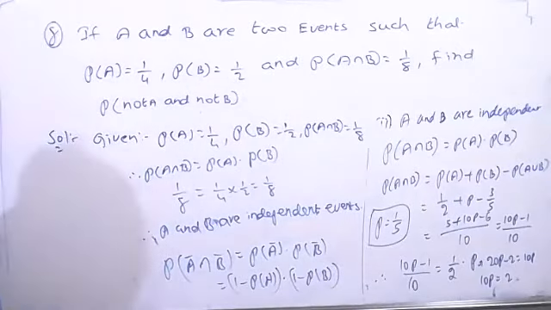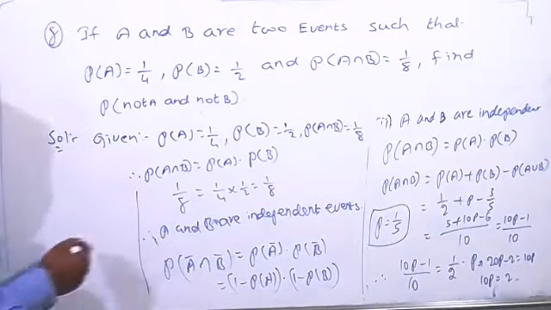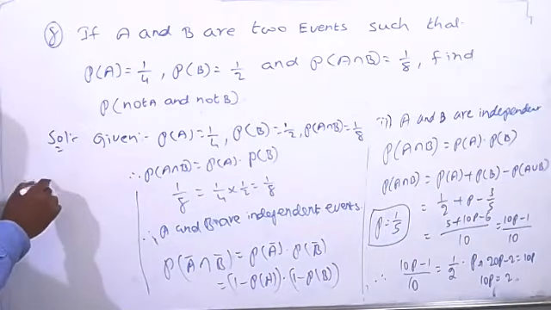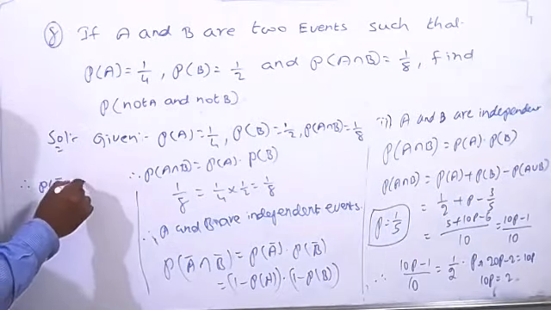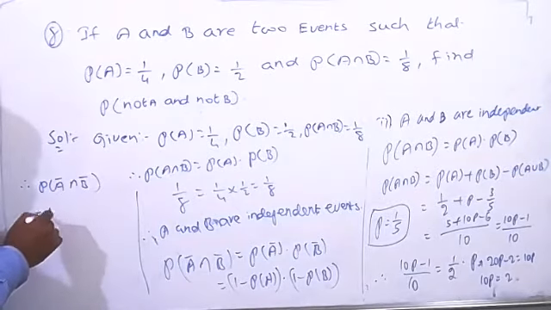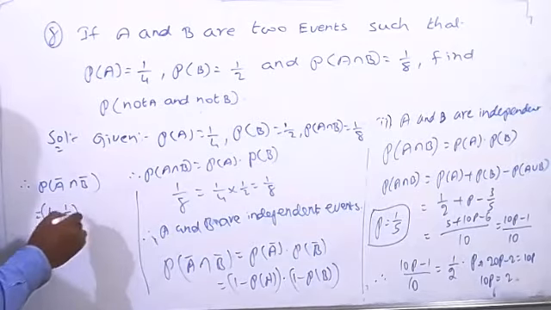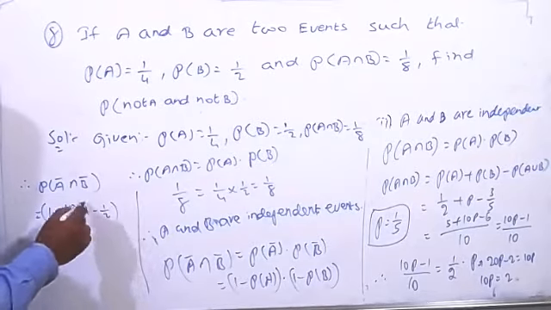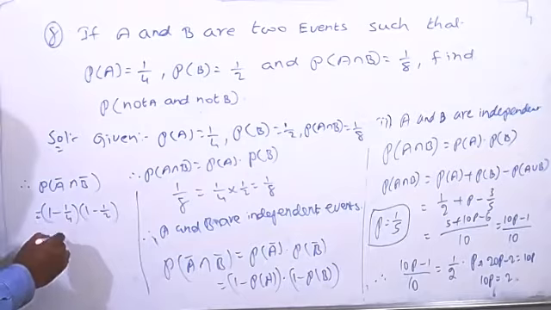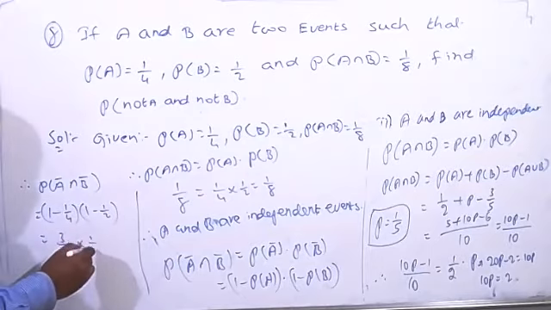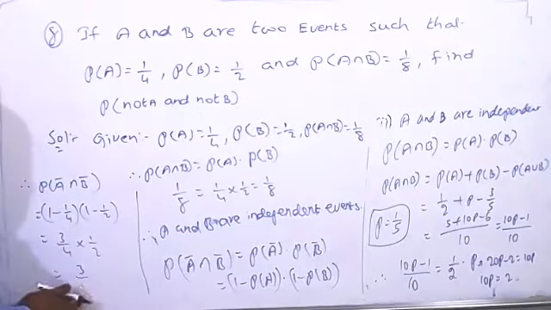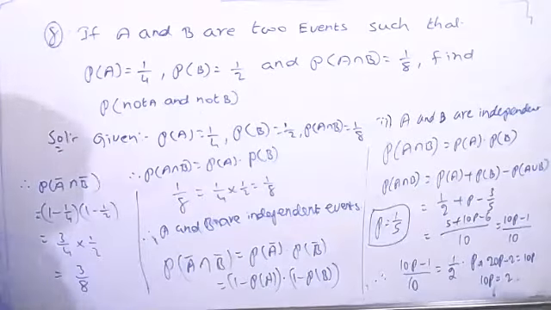Probability of not A intersection not B is equal to 1 minus 1 by 4 and 1 minus 1 by 2, which is 3 by 4 into 1 by 2. So what is the answer? 3 by 8. Probability of not A and not B equal to 3 by 8.